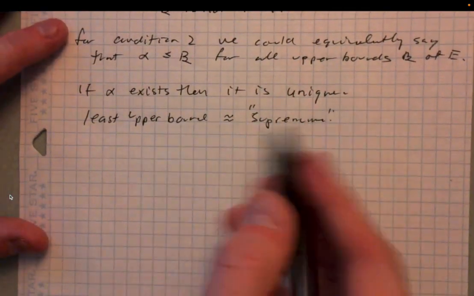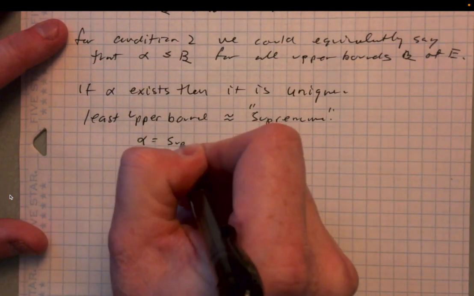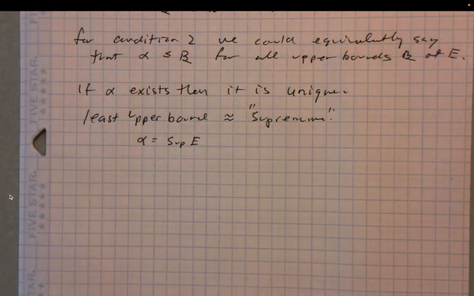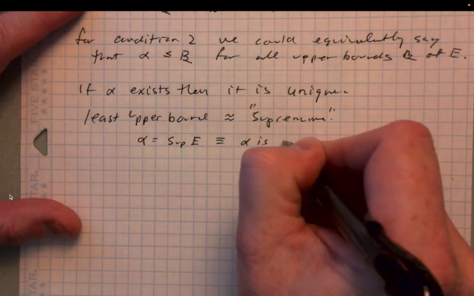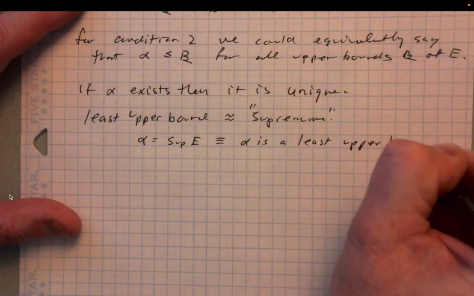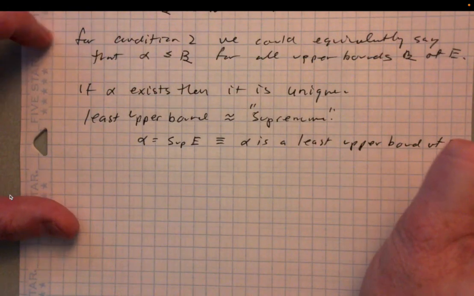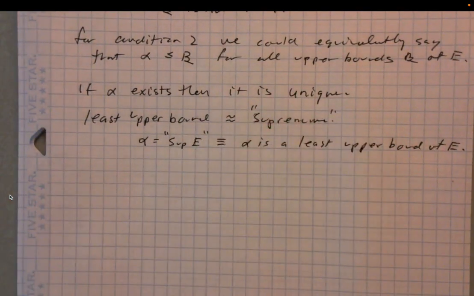We'll use the notation that alpha is equal to the supremum of E. This means that alpha is a least upper bound of E. That's how we'll denote it. We'll use this specifically, supremum of E.